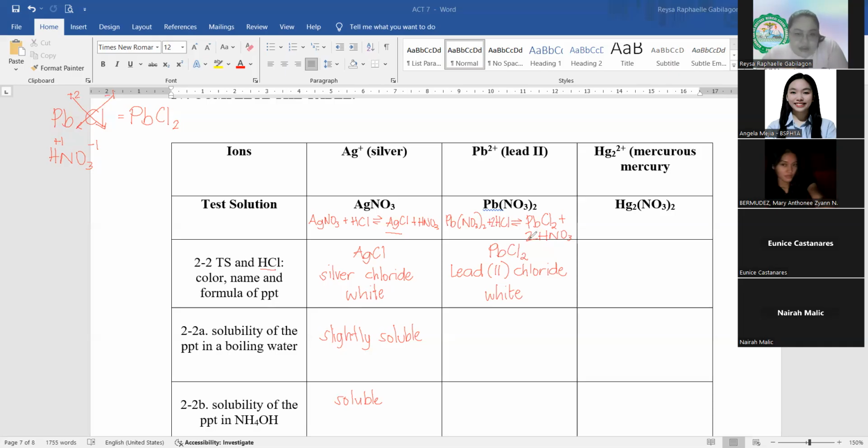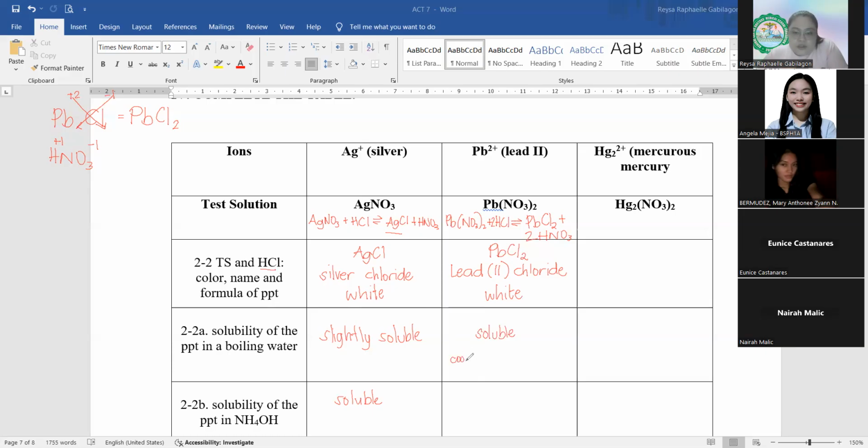Now, on the solubility, I hope nakuha nyo din ang tamang answer neto during the experiment. Yung solubility naman ni lead chloride sa boiling water, actually it's soluble. Pero actually upon standing, nagpo-form siya ng precipitate ulit. It's like a glistening needle pag mag-cool down na siya.